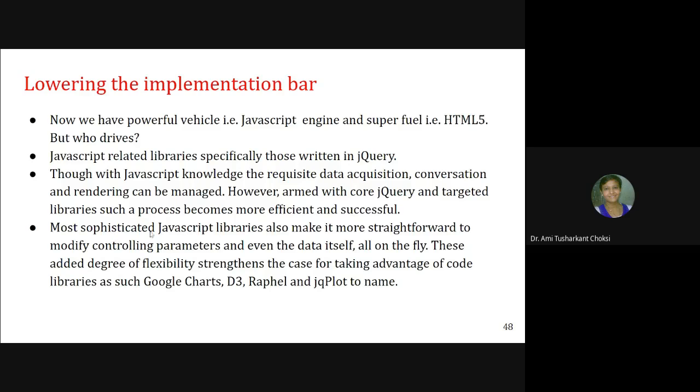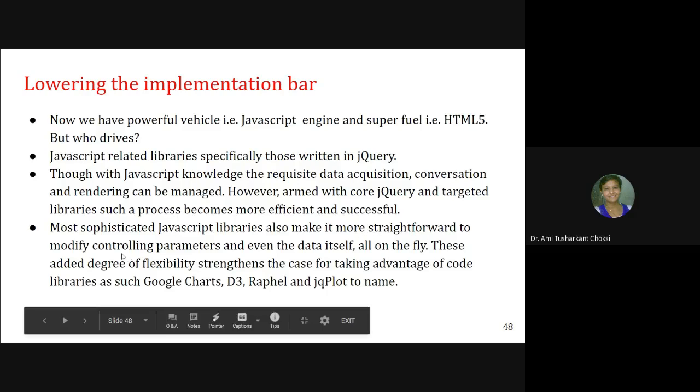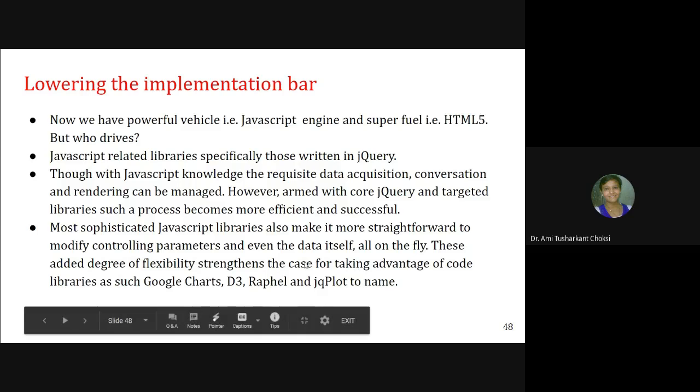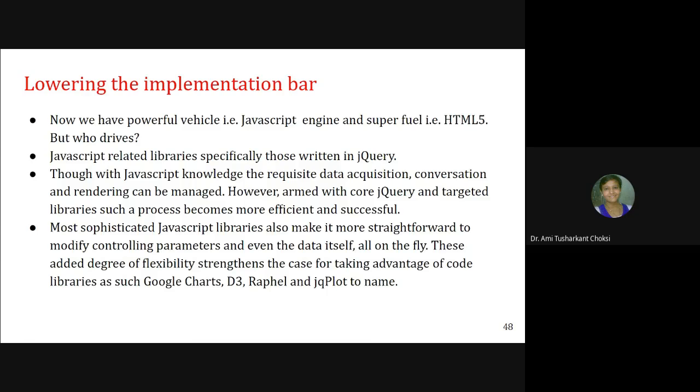Most sophisticated JavaScript libraries also make it more straightforward to modify controlling parameters and even the data itself on the fly. This added degree of flexibility strengthens the case for taking advantage of core libraries such as Google Charts, D3, Raphael, and jqPlot, to name a few.